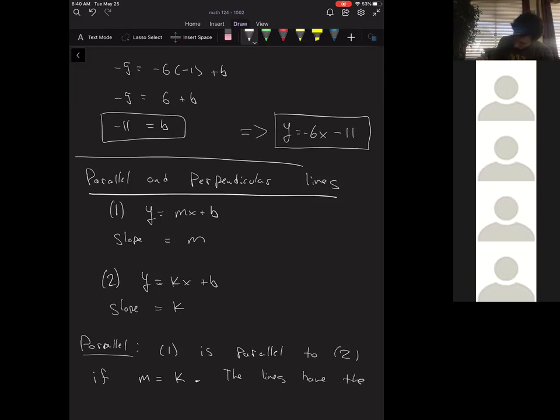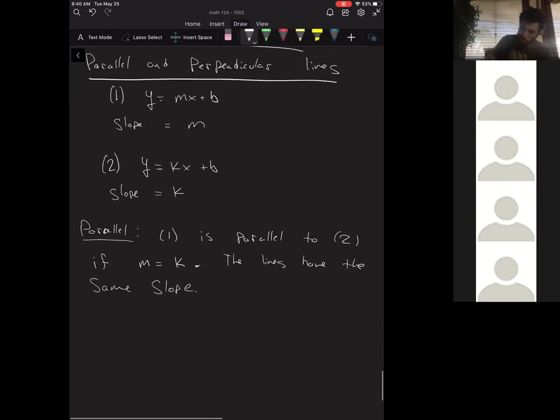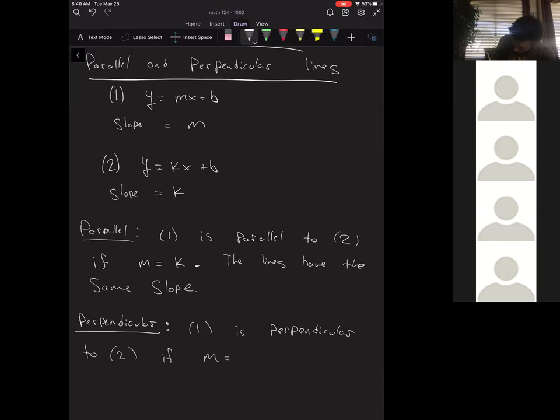And then when we say that they're perpendicular, line 1 is perpendicular to line 2 if m is equal to negative 1 divided by k.